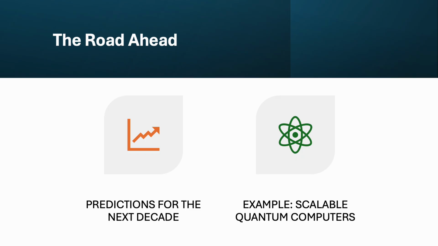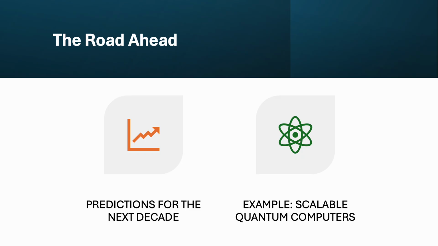The road ahead for quantum computing is both exciting and challenging, with scientists and engineers like yourself working to overcome major obstacles while racing toward practical applications. The biggest challenge is scaling up. Today's quantum computers have a few hundred qubits, but we need thousands or even millions of error corrected qubits to solve truly revolutionary problems.